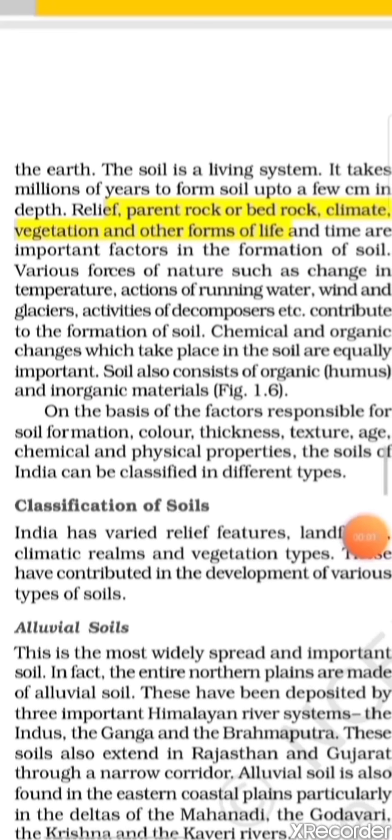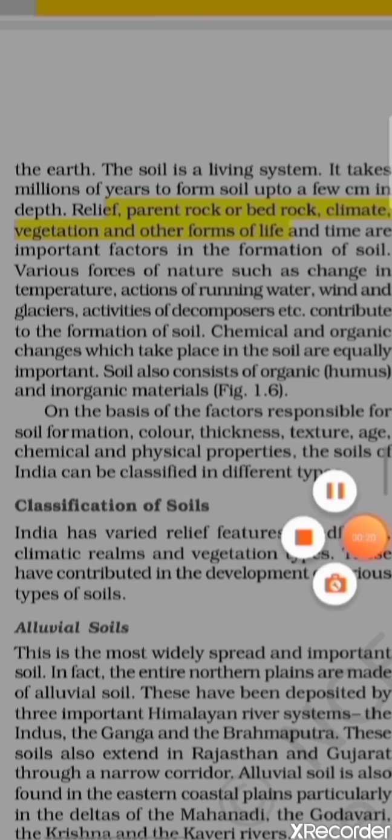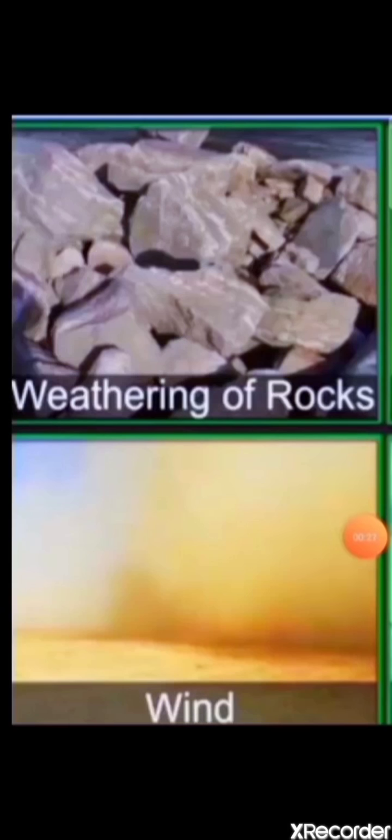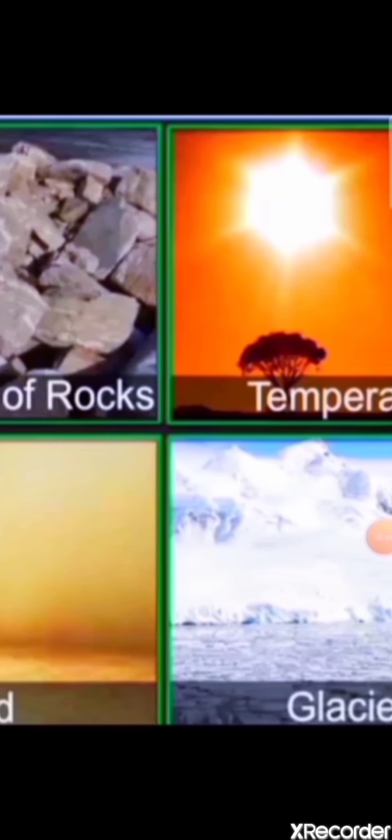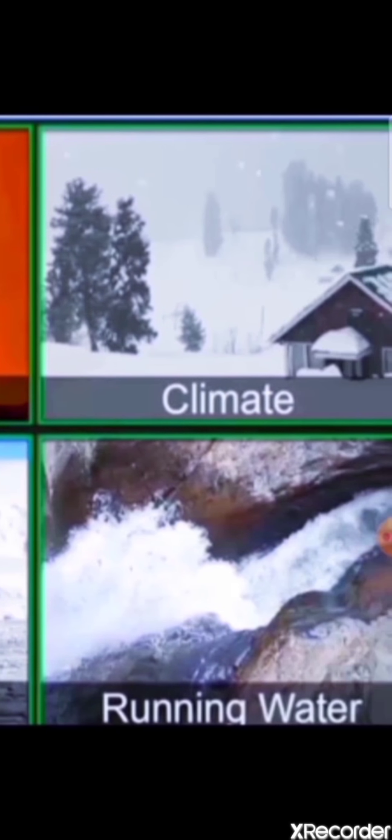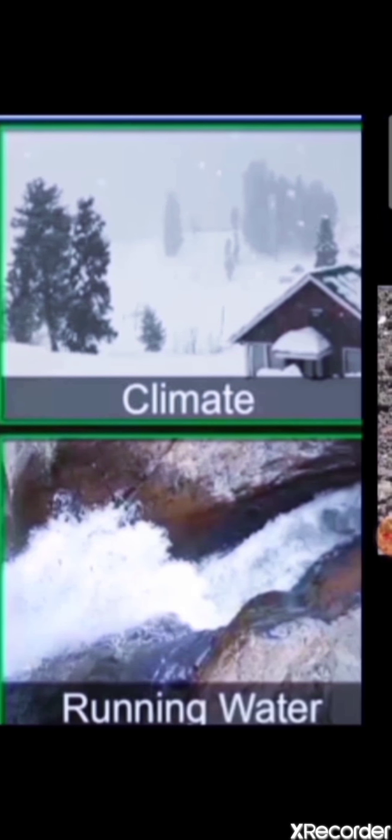And these factors are relief, feature, topography of the land, parent rock or bedrock, climate, vegetation, and other forms of life like worms. Apart from these factors, there are some natural forces which are also responsible for the formation of soils, and these are weathering of rocks, wind, temperature, glaciers, climate, and running water.